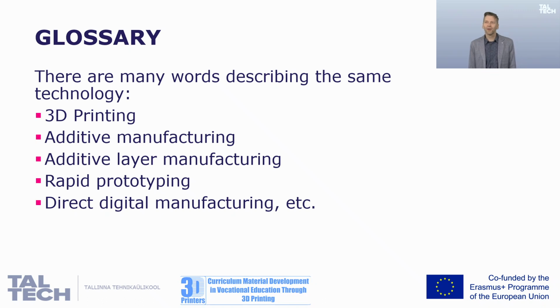Right now it's not that widespread anymore. Depending on the authors of books or researchers, some could prefer other words like direct digital manufacturing or free-form fabrication or something like this. There might be different words, but they mean the same thing: 3D printing and additive manufacturing.